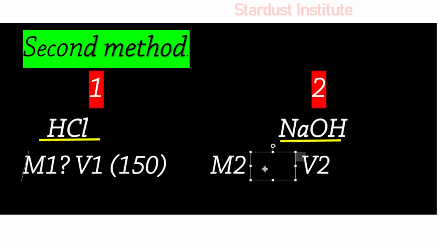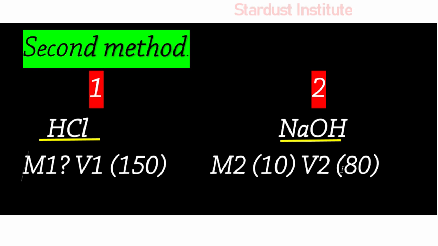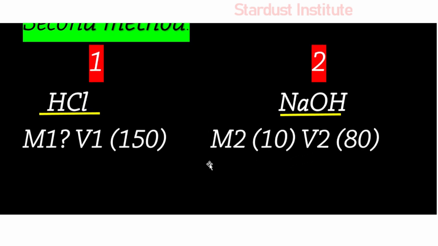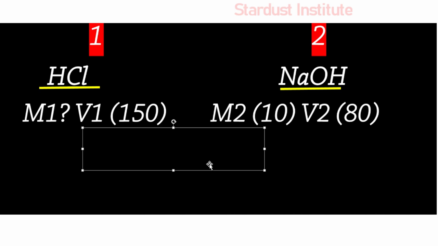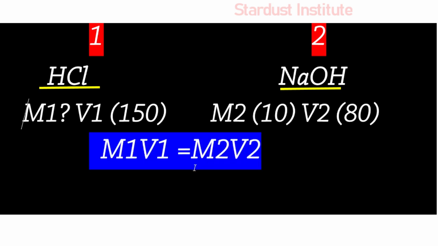We know the molarity of the sodium hydroxide solution, 10 M, and we know its volume, 80 milliliters. Now we can create an equation like this: M1 V1 equals M2 V2.